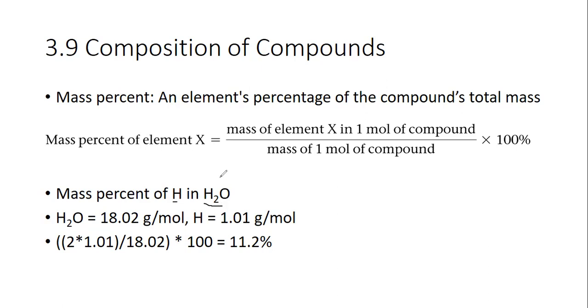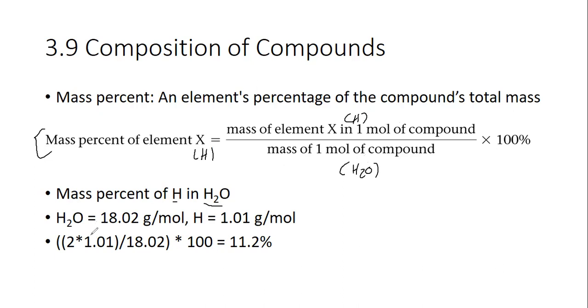And to figure that out, I use this equation. So in my example, the mass percent of element hydrogen is the mass of hydrogen in 1 mole of that compound divided by 1 mole of water. All right.